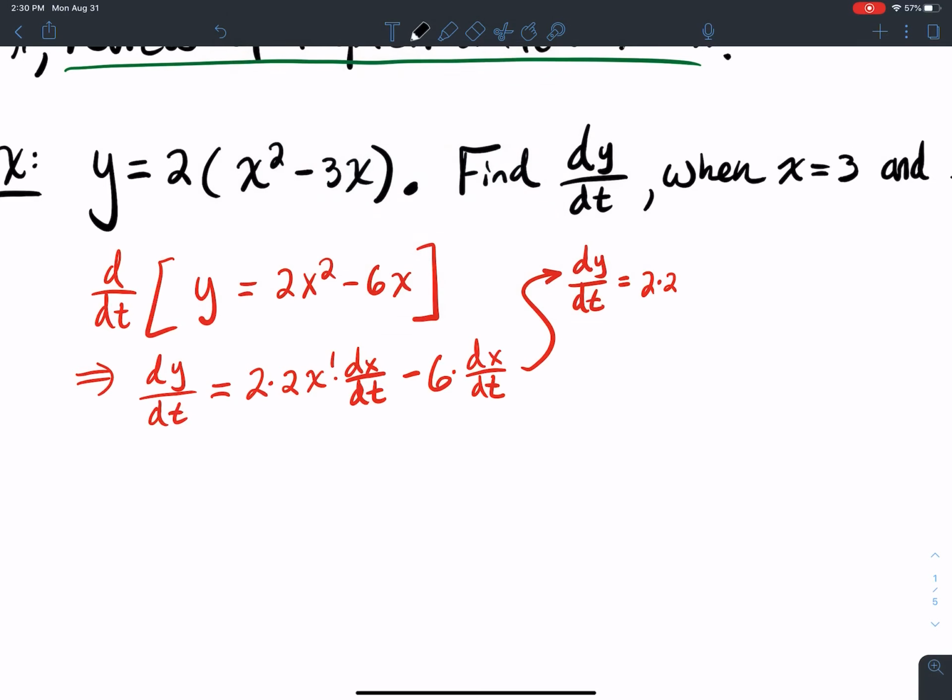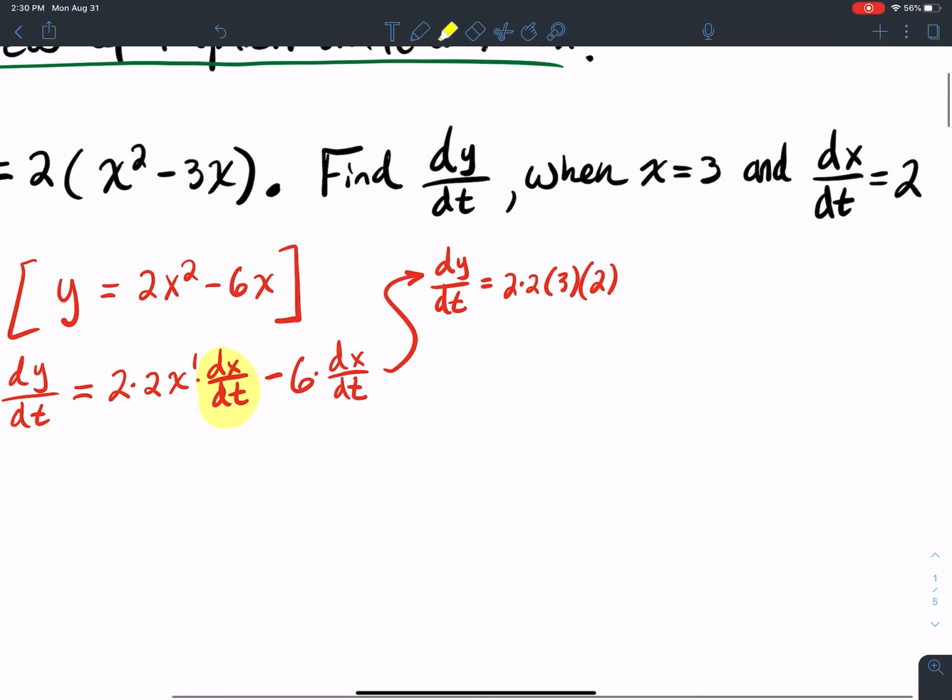So I've got 2 times 2, and then I replace x with 3, and then multiply by dx/dt. I know dx/dt is equal to 2, so I'm going to put a 2 in here for that. And then I'm going to put minus 6 times dx/dt again, which is another 2.